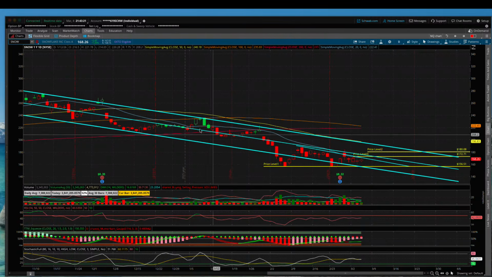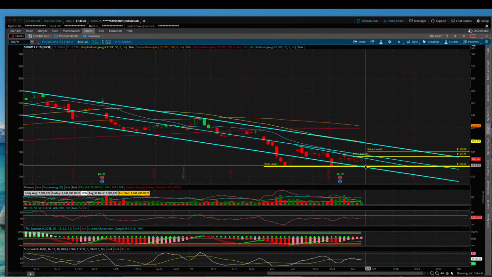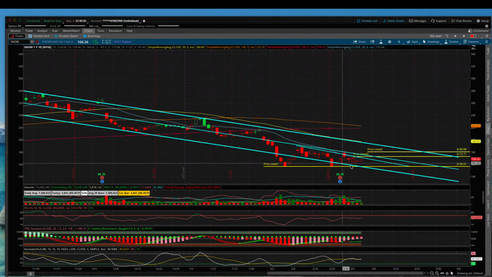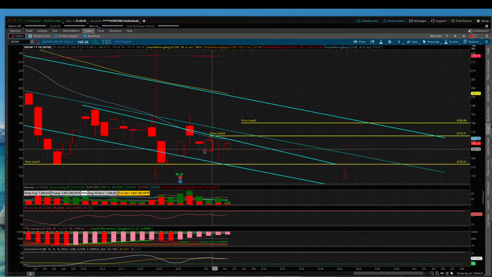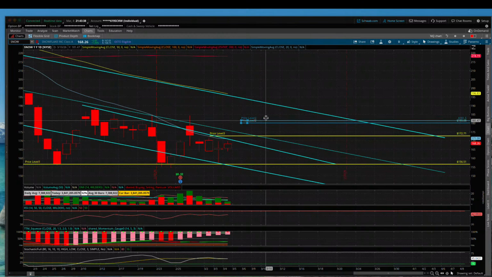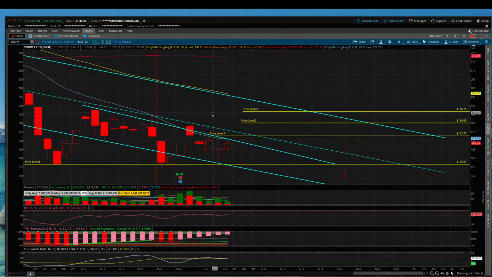It's a perfect example. We've got a channel here. Fell out, got back in, fell out, got back in. Even if it pops to 180 or even pops to 190, it's still in the downward channel, rejects, could still go down. So you've got maybe these two targets, and then I would be cautious, very cautious.